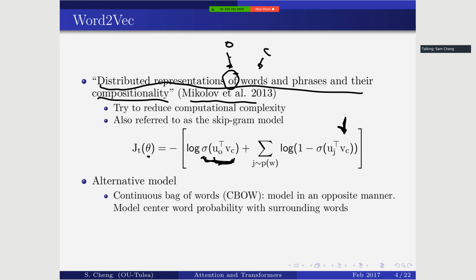More precisely, maybe I'll sample 2 or 3 times. For each sampled word j, I will add log(1 - sigma(u_j transpose v_c)), something like that, and this goes into my cost. I will include this several times.